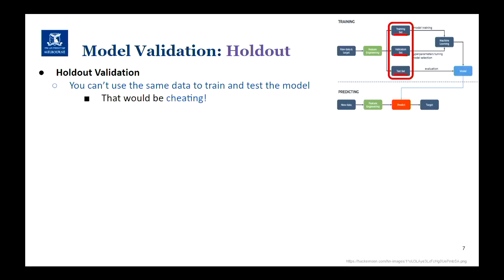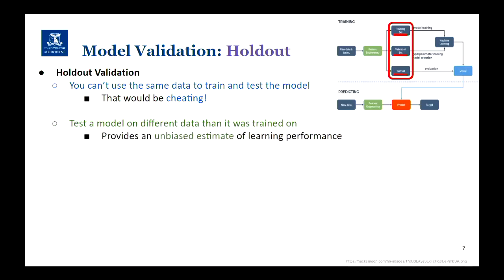So if the purpose is to predict unseen data, we need to hold out some data. And then we need to test the model on different data than it was trained on, and this will give us an unbiased estimate of the learning performance or the generalization performance.